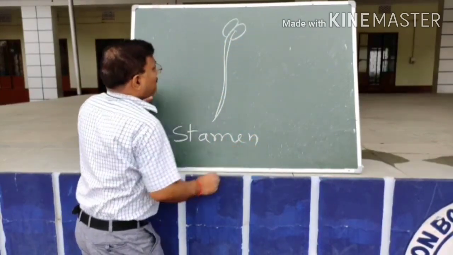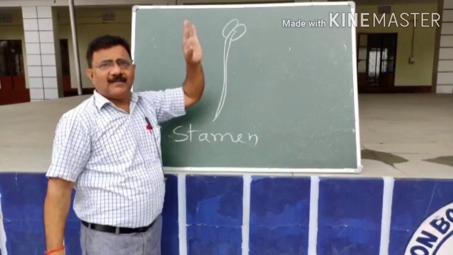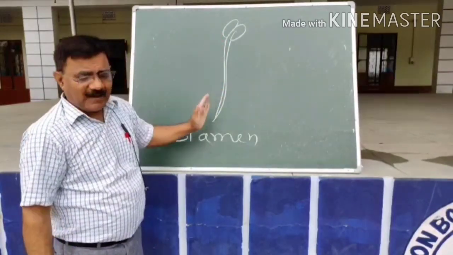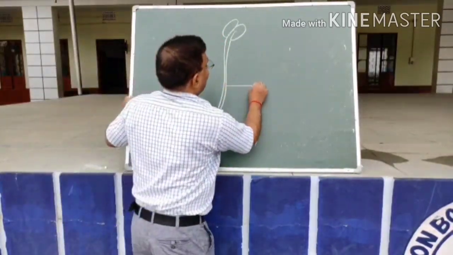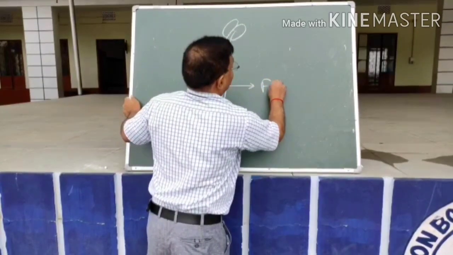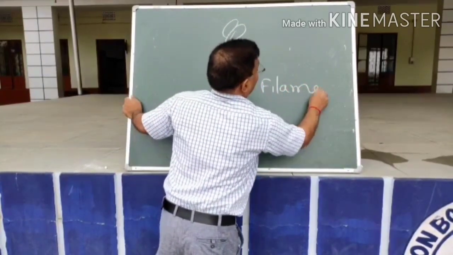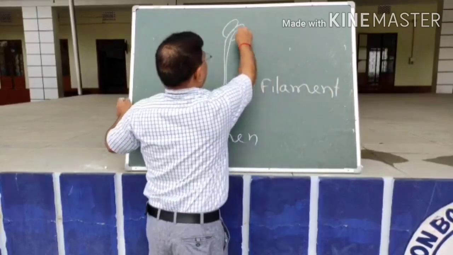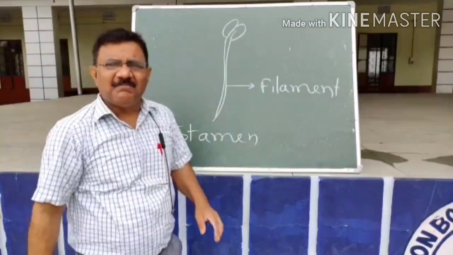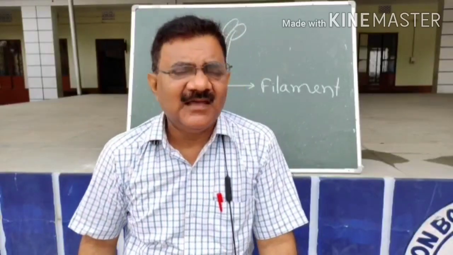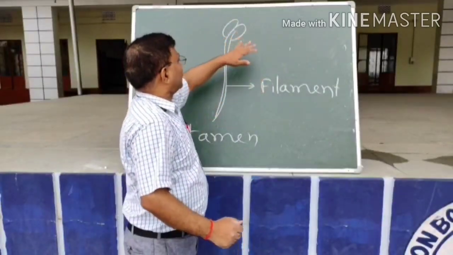Now dear children, in this stamen, two parts are there, lower part and upper part. This lower part is called filament. And this bilobed part, bilobed means two lobes are there. You can see now, two lobes are there.